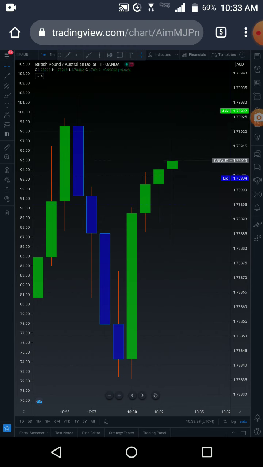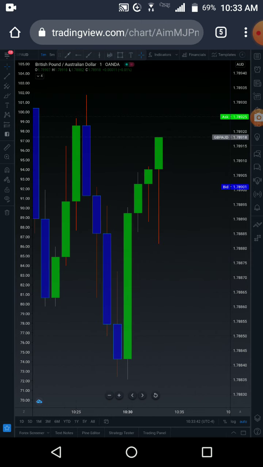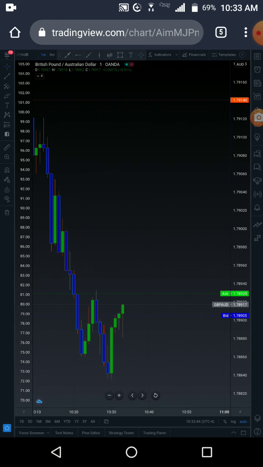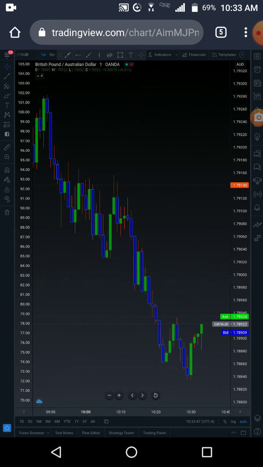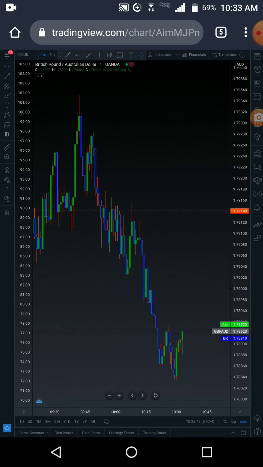The reason why, for example, in this pound Australian dollar, when you look at it on a little longer time scale, you can see that there's been a significant move down and we see significant spread fixing as the price moves up.